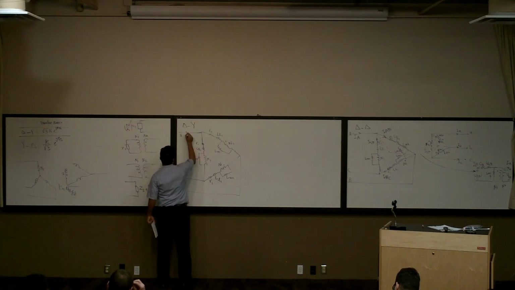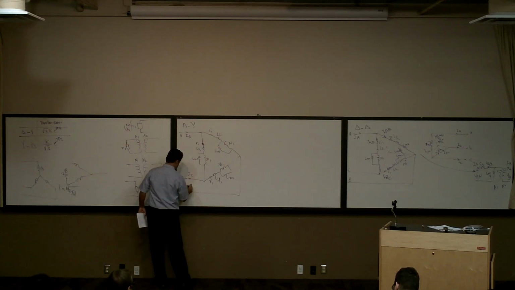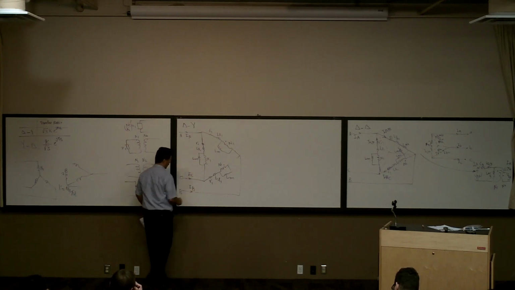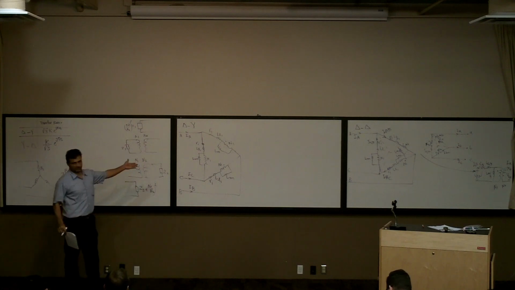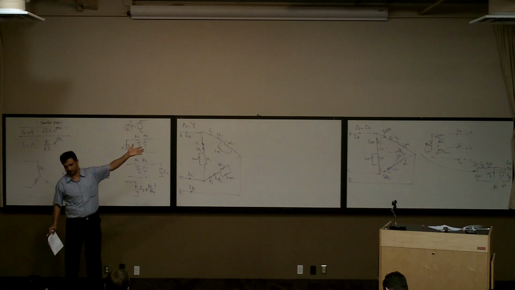This is the IA, this is the IC, IB, right? This is the delta. We're going to delta it, right? Just exactly the same thing we have over there.